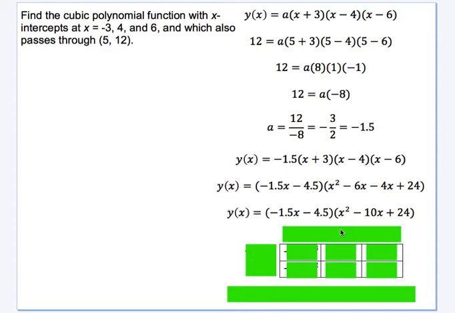But then I need to either FOIL it again or use the box method. Anytime I have more than two terms, I like to use the box method. It's just easier. So right here on the top, I'm going to have x squared, negative 10x, and then 24. And then on the sides, I'm going to put the negative 1.5x from here and the negative 4.5 from here.